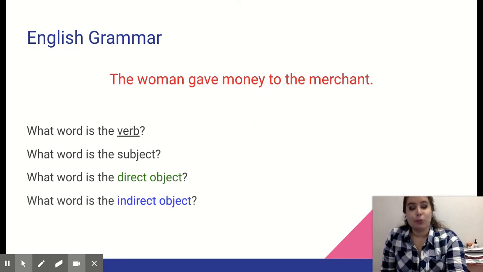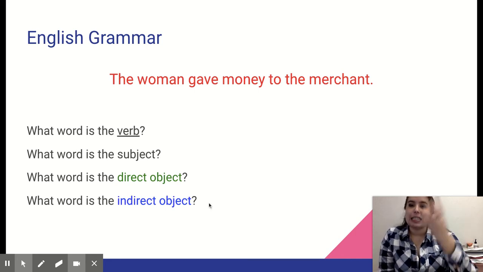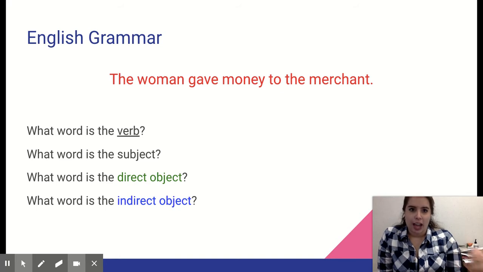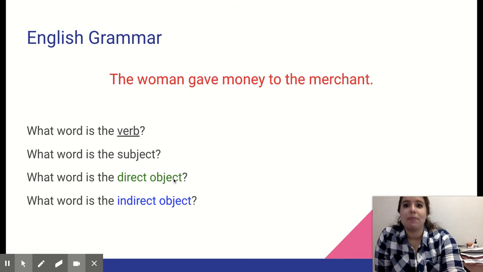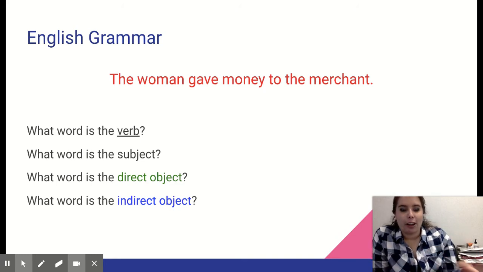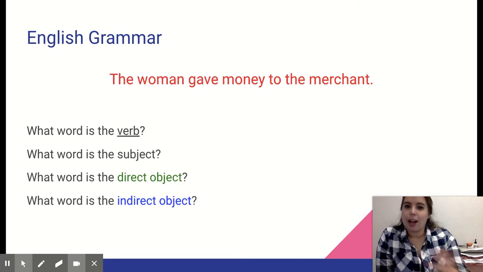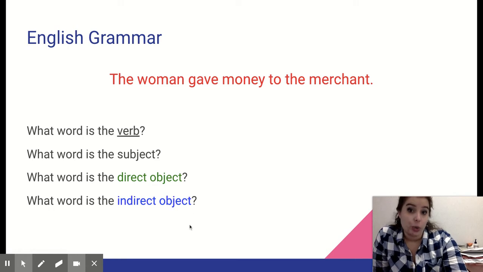If you said merchant, you'd be correct. The indirect object is indirectly receiving the action of the giving. And we'll talk more specifically about that in just a minute. So hopefully, English-wise, we're somewhat familiar with these terms. Again, we've been talking about subjects and direct objects for a while. Indirect object is kind of the new one for us in Latin class.